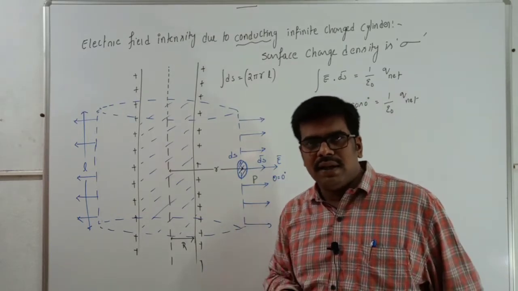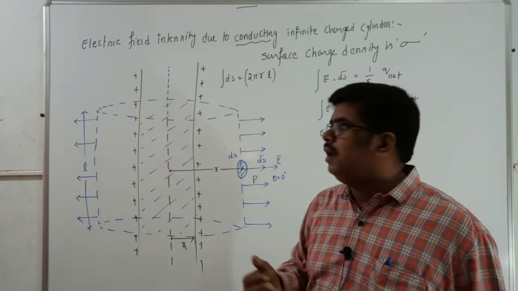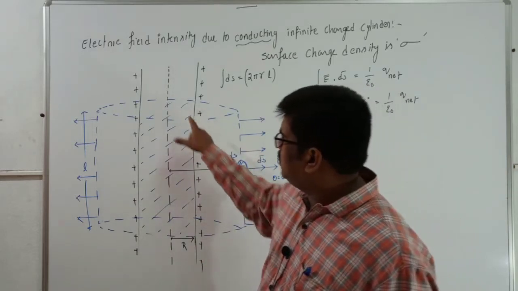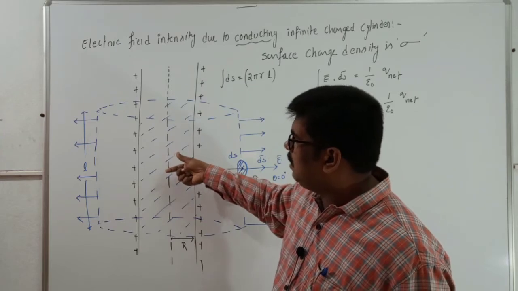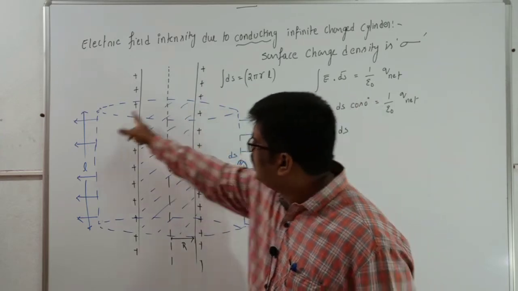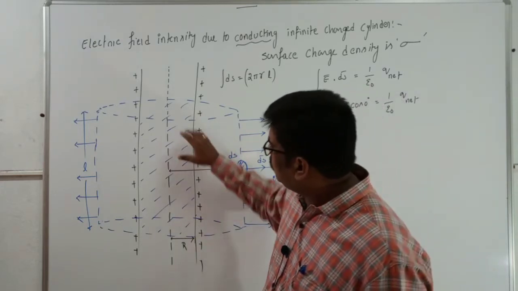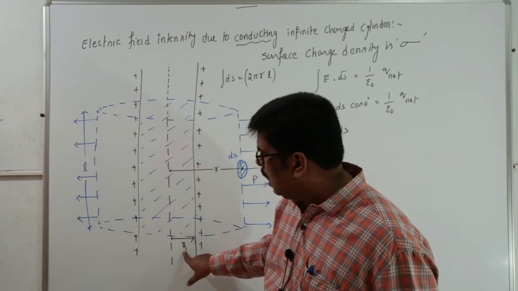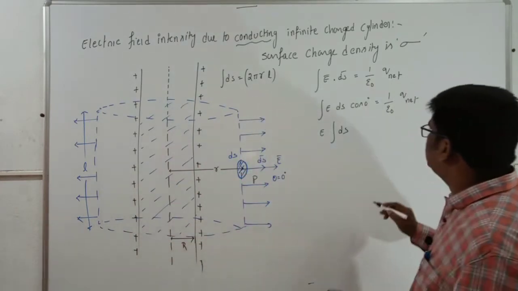In the surface charge density case, it is surface charge density times the area of the body of length L. So we multiply the surface charge density with this cylindrical area, 2 pi r into length L, to get the charge enclosed by this Gaussian surface.